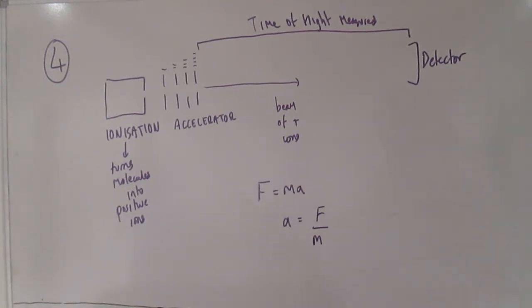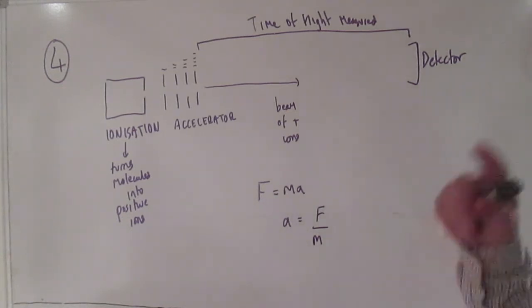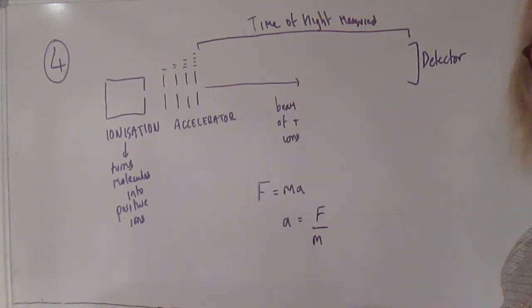Now, as I say, you don't need to know any of that, except that you need to know that the technique depends on generating positive ions, and what it actually measures is not the mass of the molecule, but the mass of a positive ion. Now, if you remember, the mass of an electron is very small. It's about 1/2000th of the mass of a proton or a neutron.